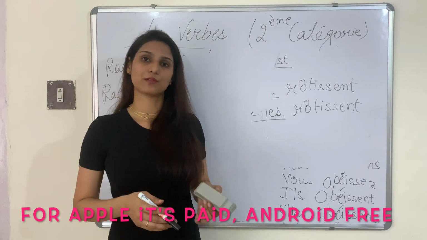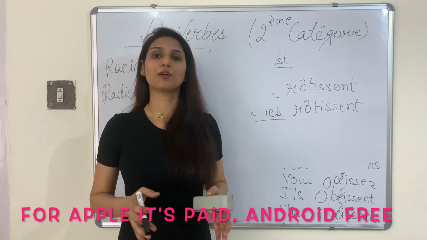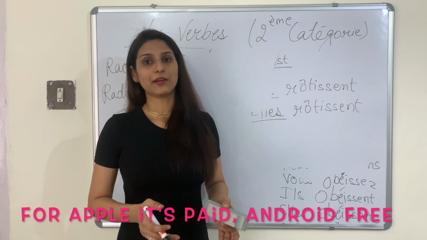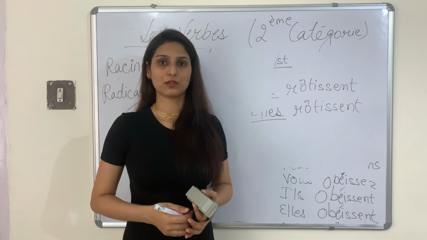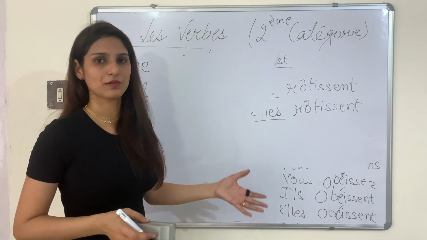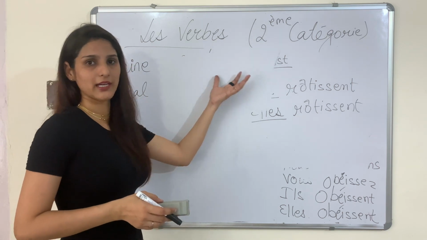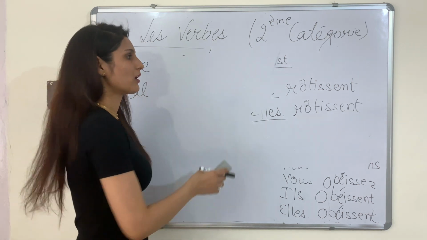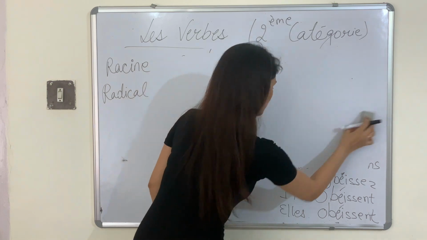You could conjugate your verbs over there if you have any problem with any verb. I know it is very difficult to find out which verb belongs to which category. But still, the conjugaison of second category verbs, they are ending with IR, so that is always like this. You don't have to be confused.